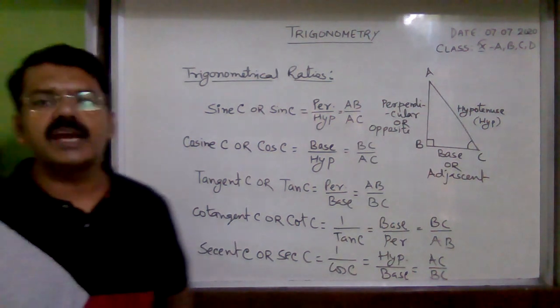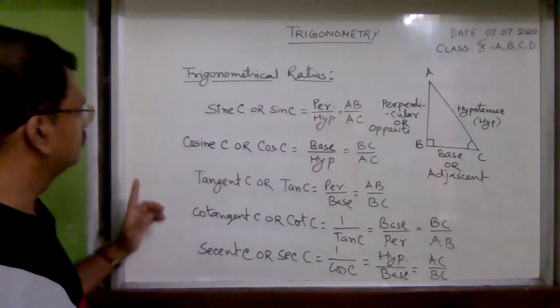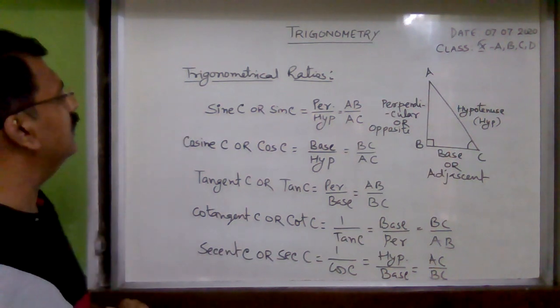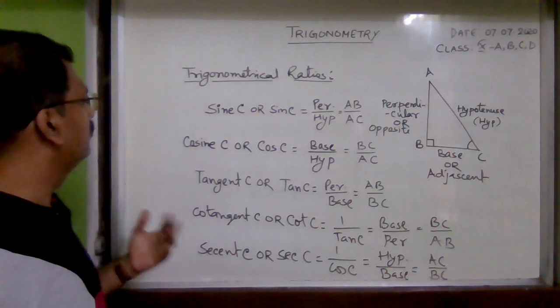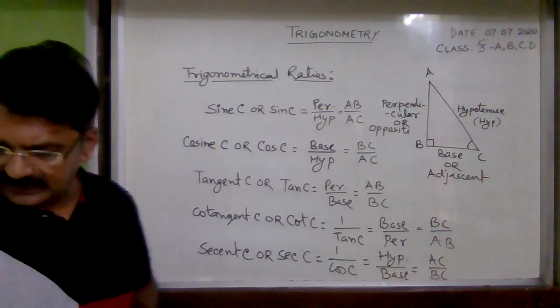We are left with one more, and that is the reciprocal of sine, which is cosecant. Clear? So I'll write it here.